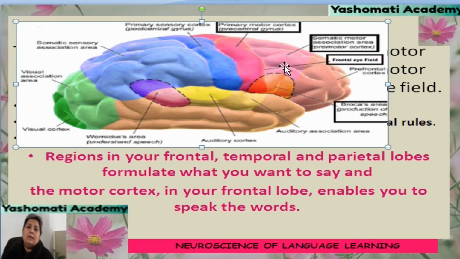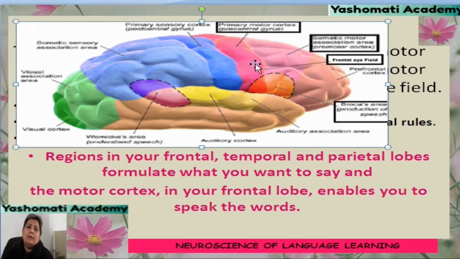The area lying behind the frontal region is the parietal lobe. So these three areas are very important when we are speaking the language. And this is the occipital lobe, which is helpful when we are seeing a word or reading a word.